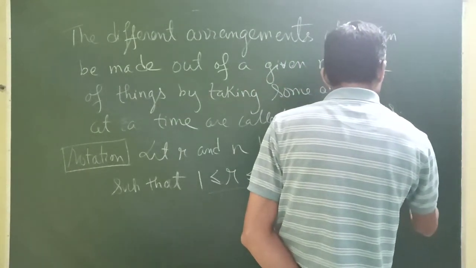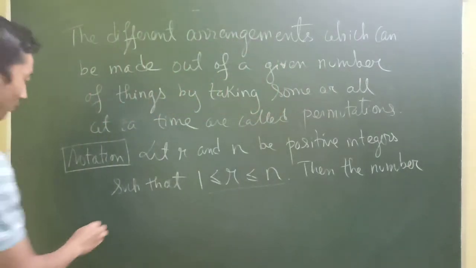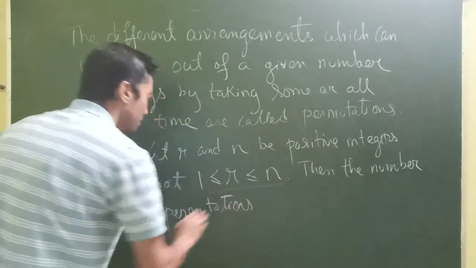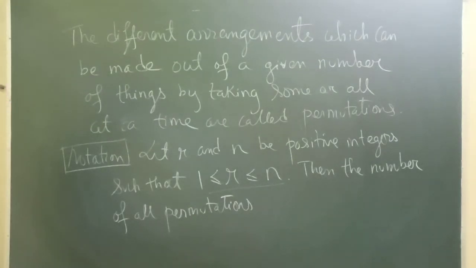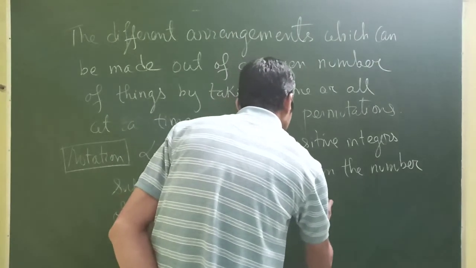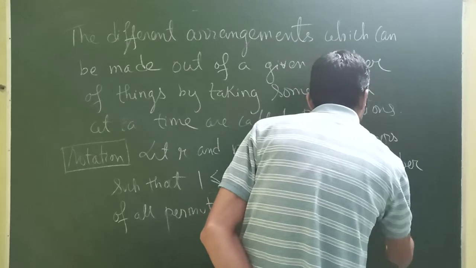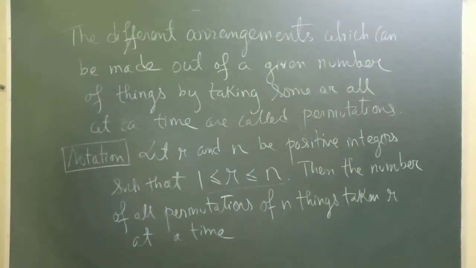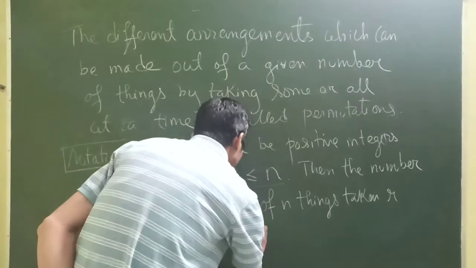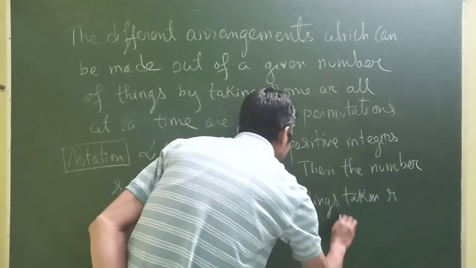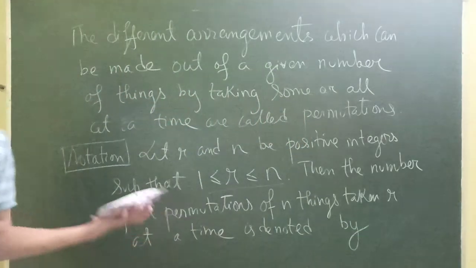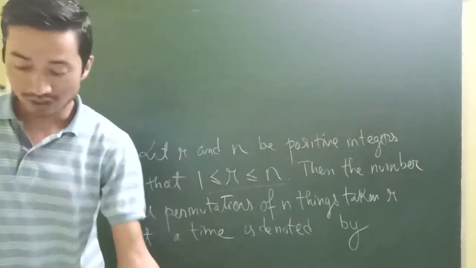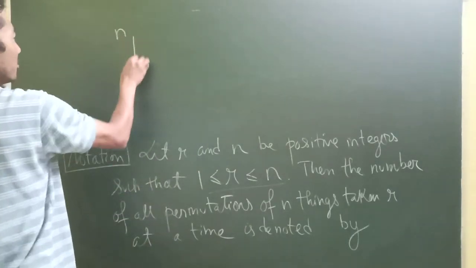the number of all permutations, arrangements, of n things taken r at a time is denoted by nPr.